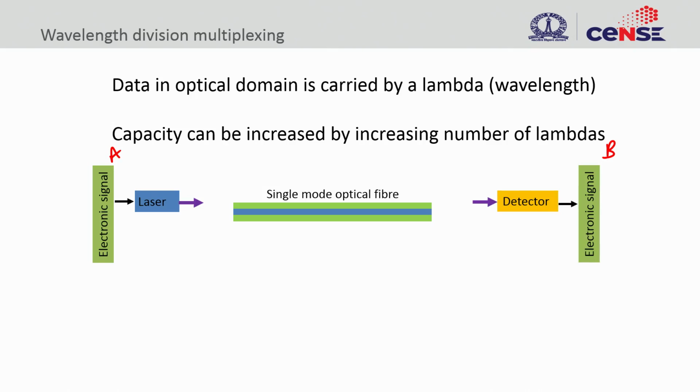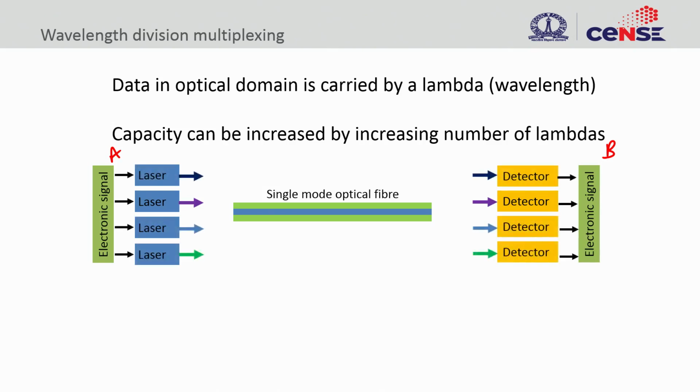We all know how to do this, but then how do you increase the capacity? If you want to increase the capacity, we add more number of lasers. Though we know that the different laser wavelengths don't interact with each other, we have to physically put them together.